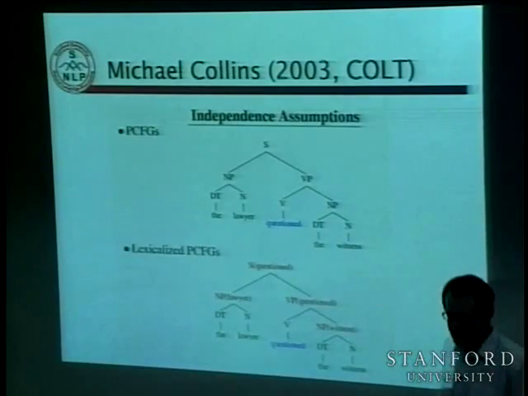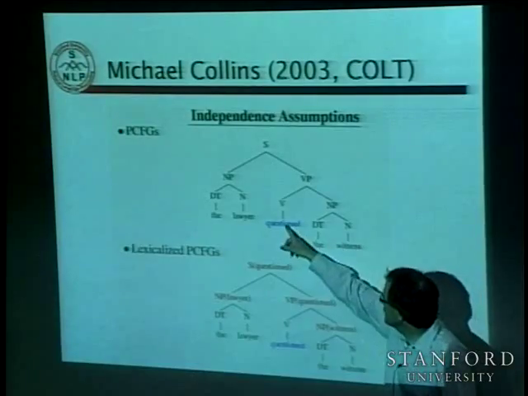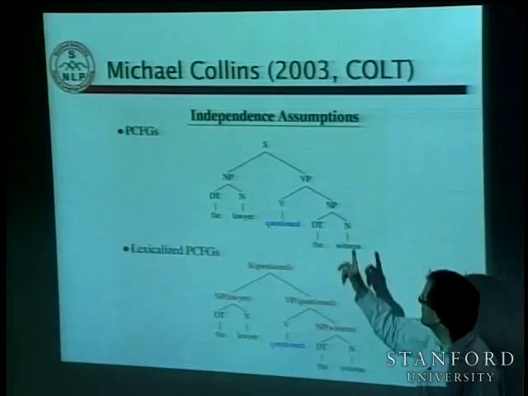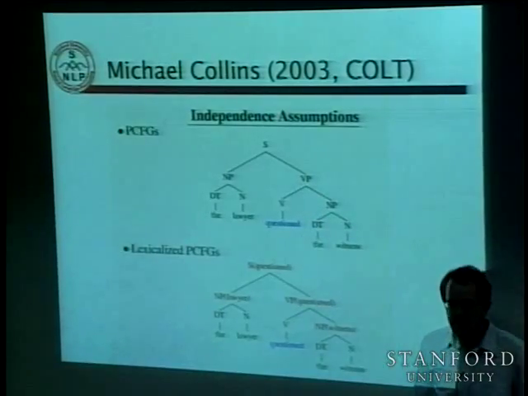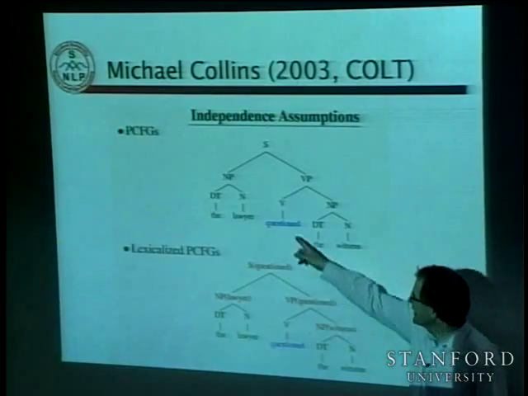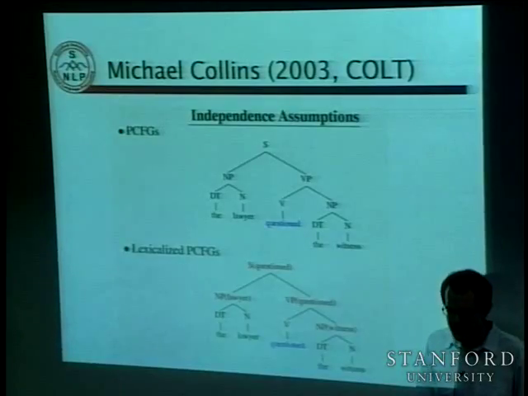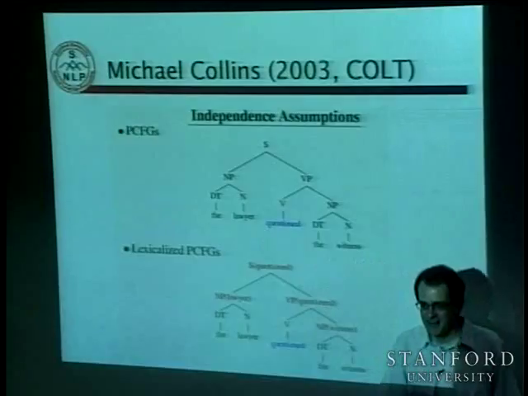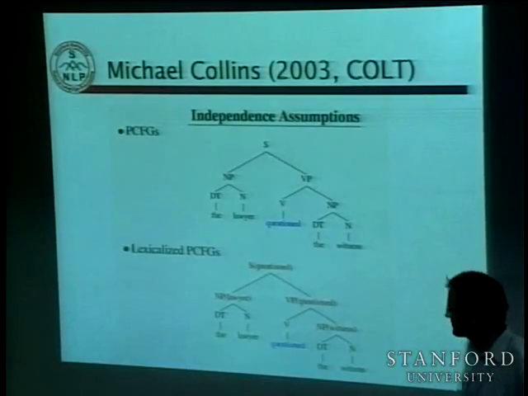For a basic PCFG, there's just no information flow between questioned and witness, because each of these nodes in between is an independence claim. That's bad news, because what we really want to be doing is asking, is questioned witness a plausible verb-object combination? And similarly, is lawyer questioned a plausible subject-verb combination?